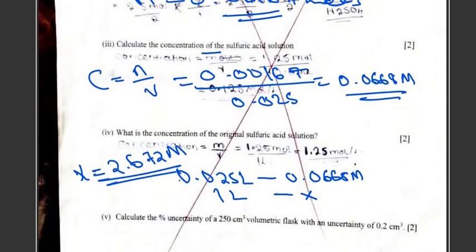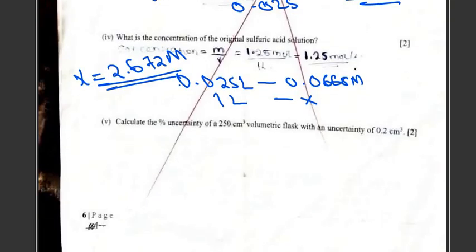Then the last question here, they're saying, calculate the percentage uncertainty of the 250 cubic centimeters volumetric flask with the uncertainty of this. So here we just have to do 0.2 divided by 250, then times 100%.